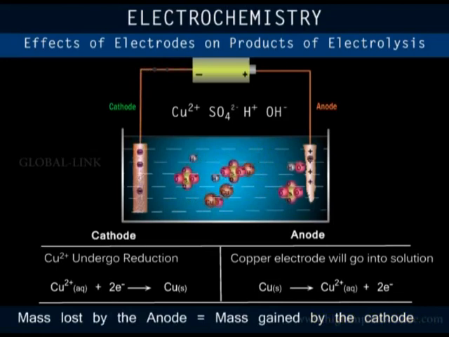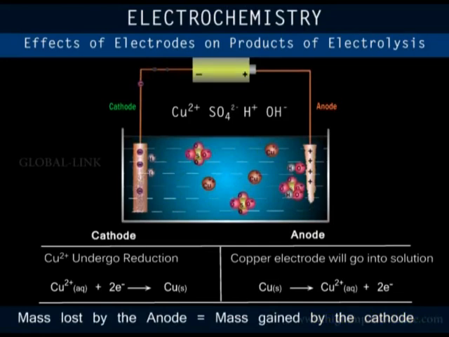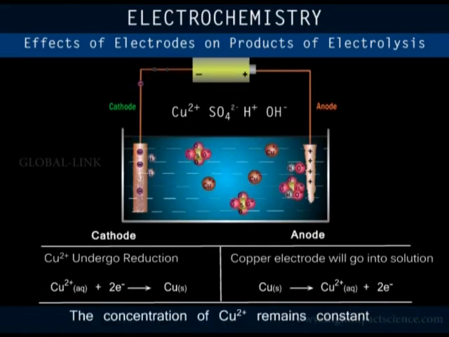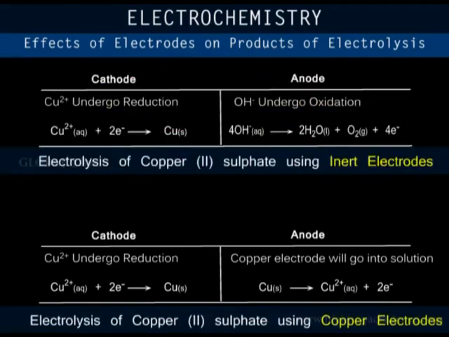The amount of mass lost on the anode is equal to the amount of mass deposited on the cathode. Therefore, the concentration of copper-2 ions in the solution remains the same and thus the intensity of the blue color does not change. It is important you notice the differences in electrolysis of copper when inert and copper electrodes are used.